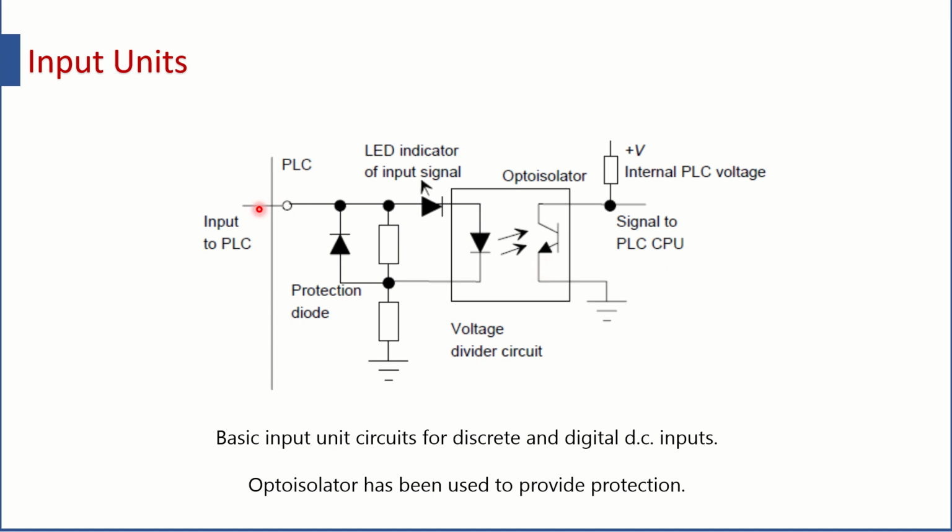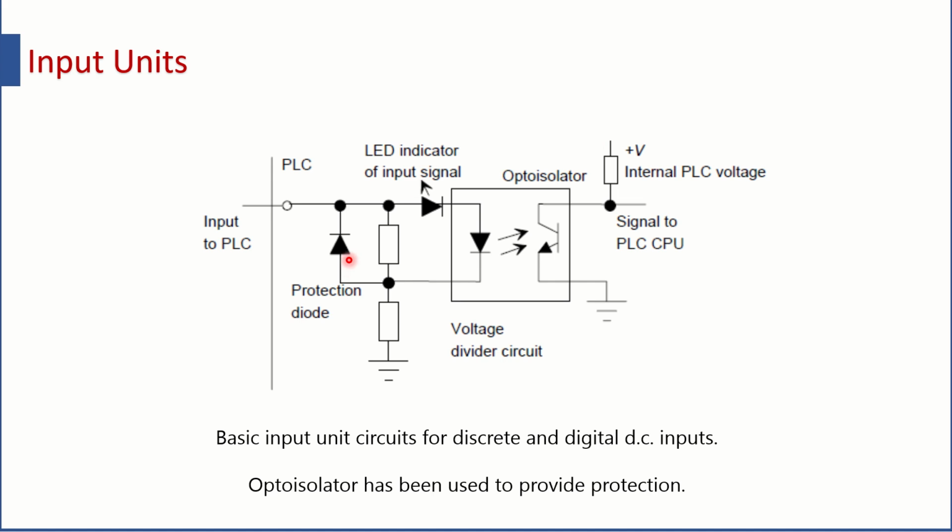Here is the terminal where you connect your field device, and here is the signal that is going to the CPU. In between, the things that do the signal accepting, signal conditioning, signal shaping, whatever you say, are the processing unit. This is why it is called IO processing. This is part of the signal processing unit.